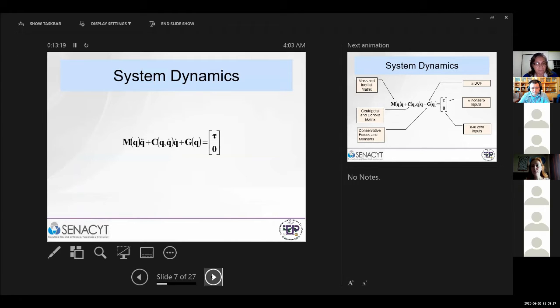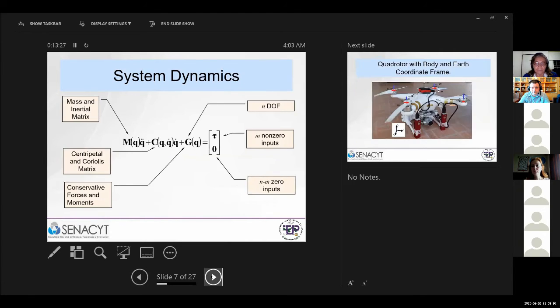It is assumed that the degrees of freedom are ordered so that the first m elements of the right side vector contain the non-zero inputs. M is a positive definite mass and inertia matrix. C consists of centripetal and Coriolis forces and/or moments, and G consists of forces and moments stemming from gradients of conservative fields.